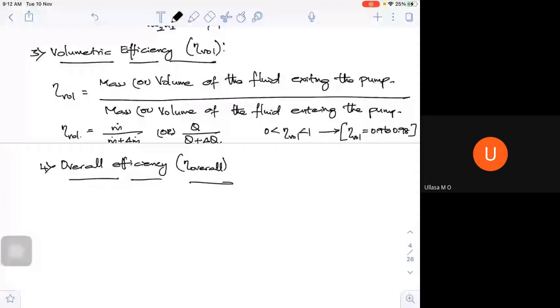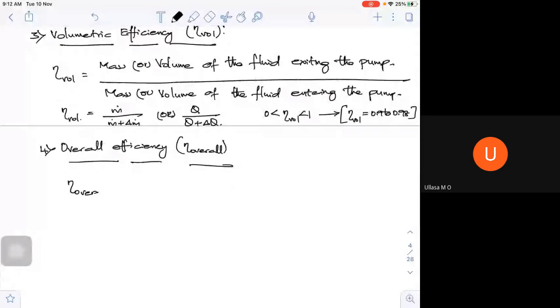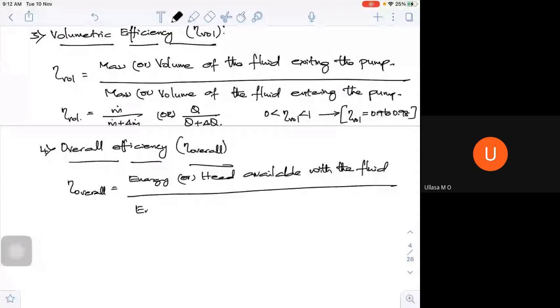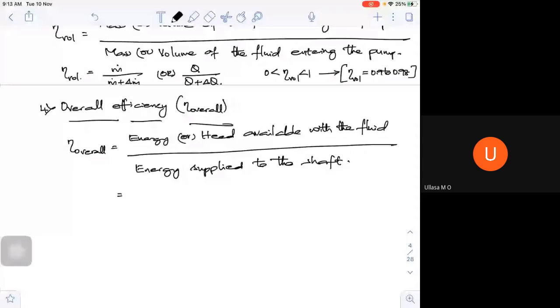I can write this as overall efficiency equals energy with the fluid to the energy or power supplied to the shaft. So that is nothing but your 3 divided by 1.